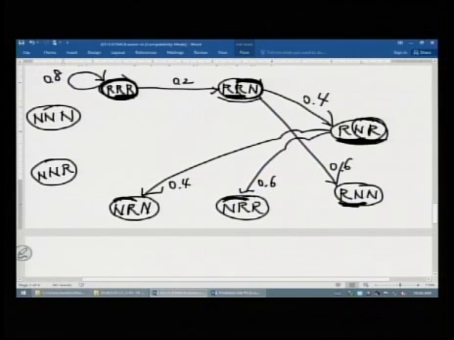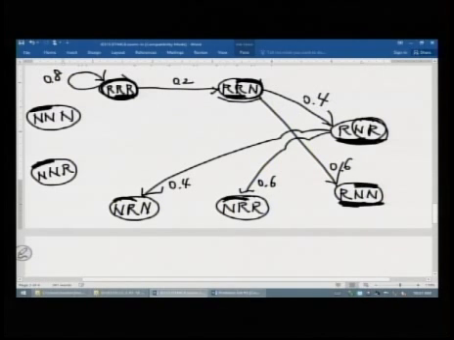Starting from here, what transitions occur? Now we need to match these 2 characters, no rain and no rain, for the last 2 days. So after 1 day, we have no rains down here and here, right?